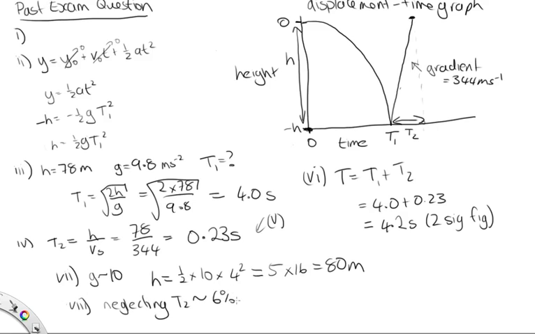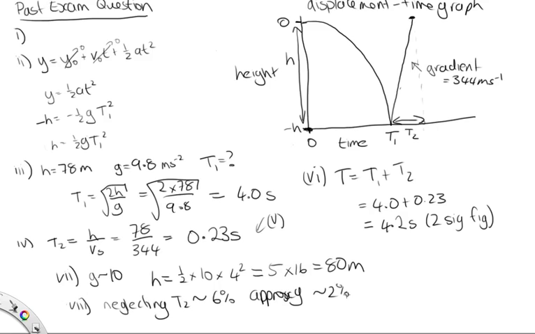In approximating the value of g, if we substitute 10 in here and compare this, we get 3.9 as opposed to 4. So that's around a 1 or a 2% error. So approximating g, it's around about 2%.